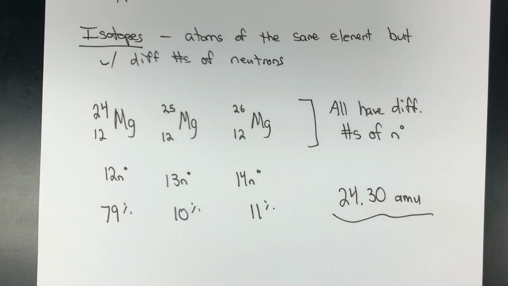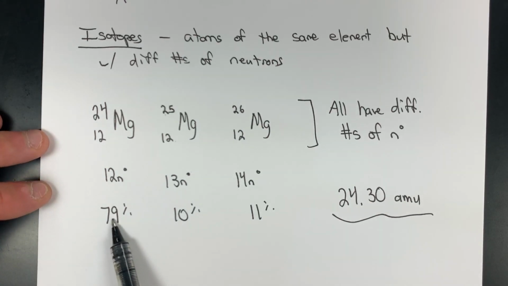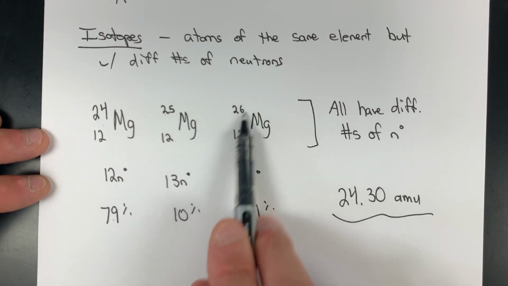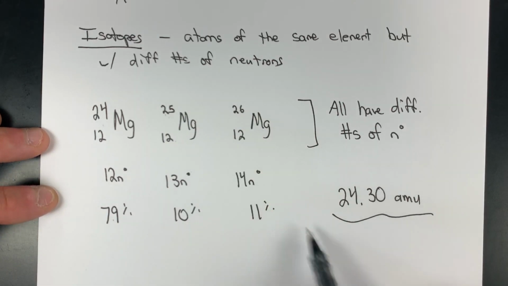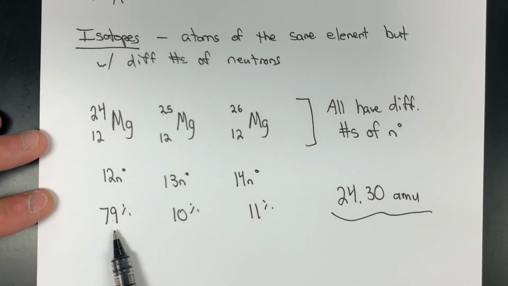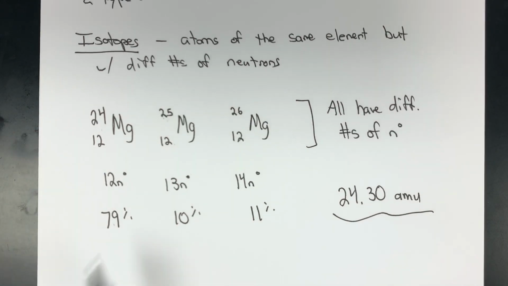It's not going to be 25 because in nature we find there's actually a lot more 24 than either 25 or 26. And so the average is skewed towards the one that kind of dominates, right? That has the largest, what we call isotopic abundance, okay?